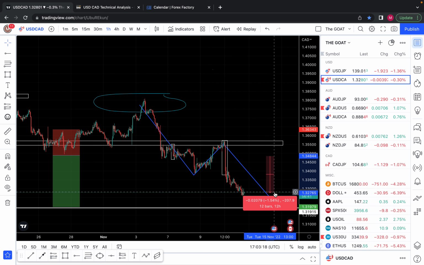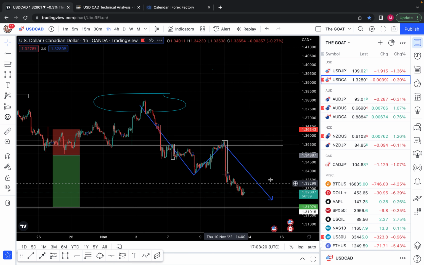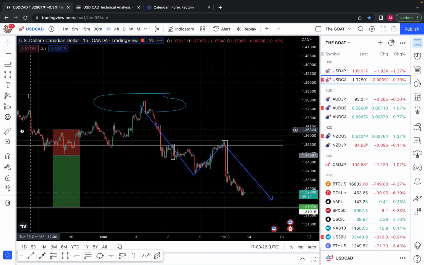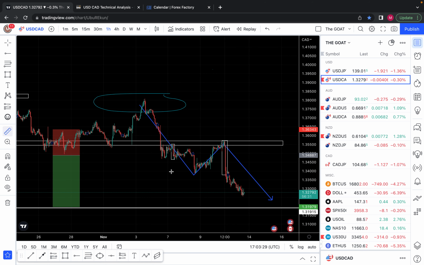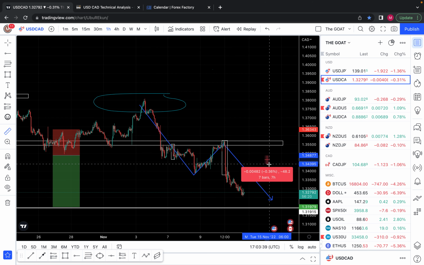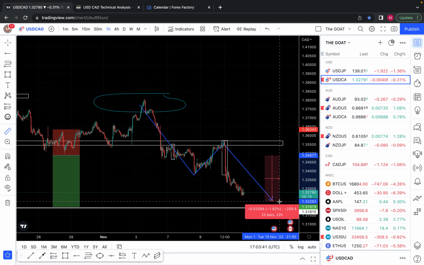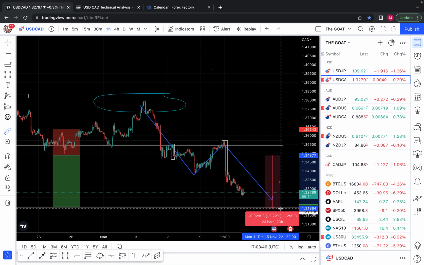200 pips. Yeah, so we started closing partials at about 200 pips, and in total, if it finishes and closes out, we're at around, let's see, exactly 300 pips.